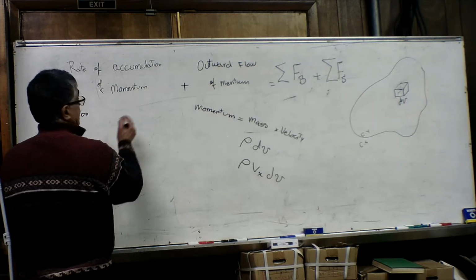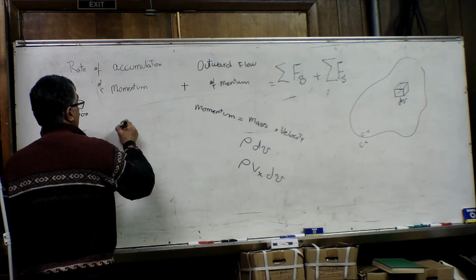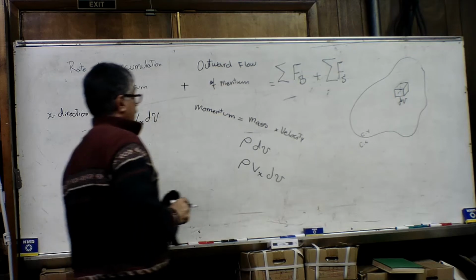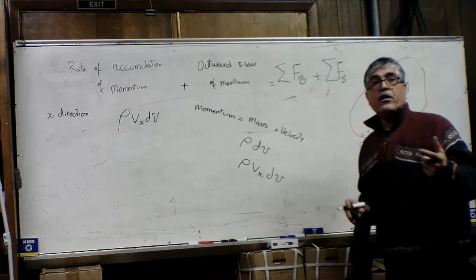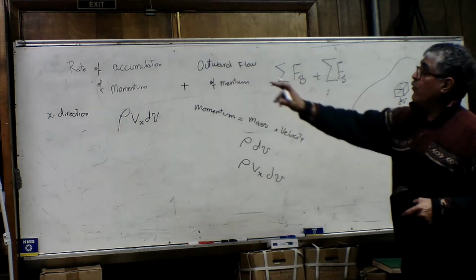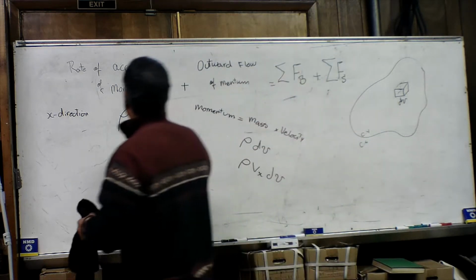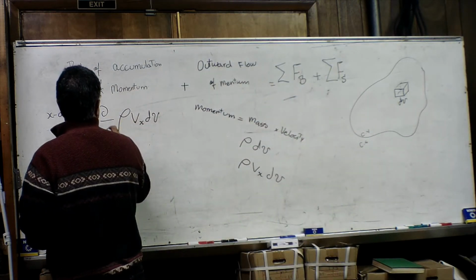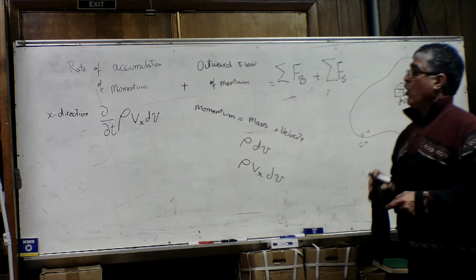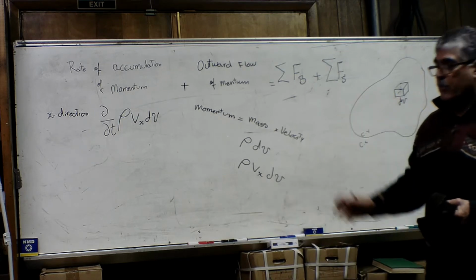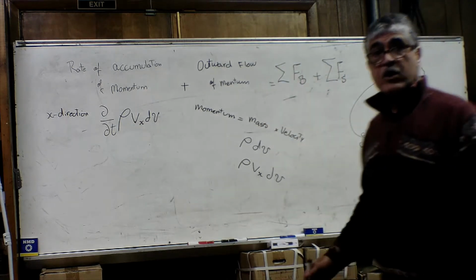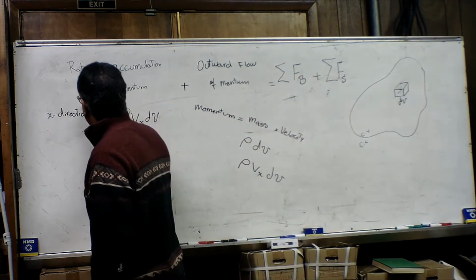This is the momentum in the x direction in that differential volume. Rate of accumulation means partial derivative with respect to time. This is the rate of accumulation of momentum within this differential volume, so for the entire volume of our system, we have to take the integration over the entire volume of our system.